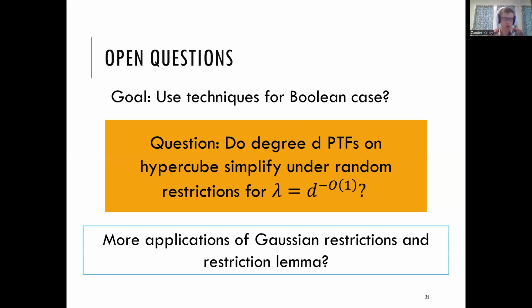And then another question not pictured here that I think is also interesting is to try to get a restriction lemma which holds with higher probability. The one that we have is getting this really stringent outcome, which is that you're almost fixed to a constant, but maybe you can try to say that the polynomial is almost fixed to a degree d/2 polynomial.